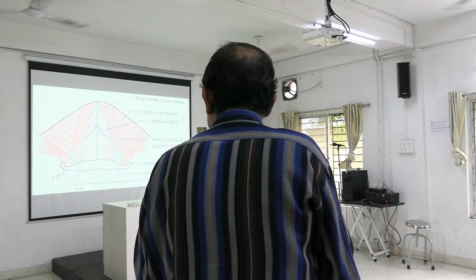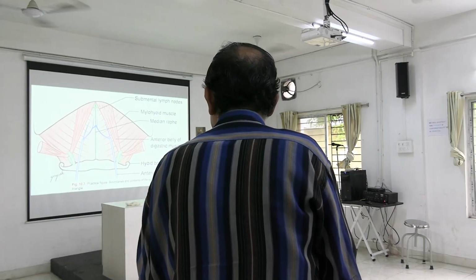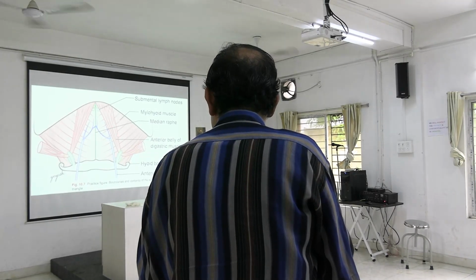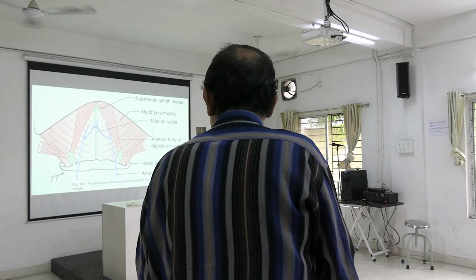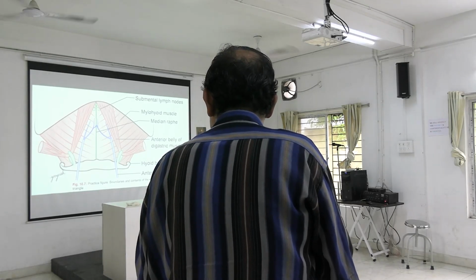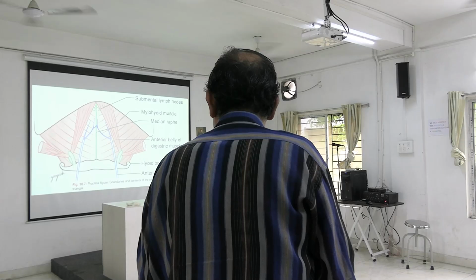This is the anterior jugular vein, and here we can find the anterior belly of the digastric. This is the posterior belly. So the anterior belly, and this is the hyoid bone.